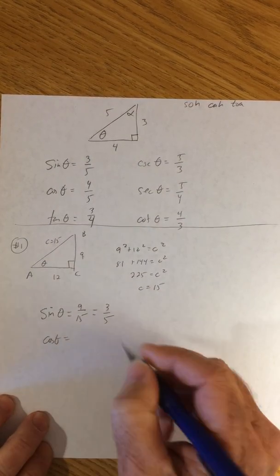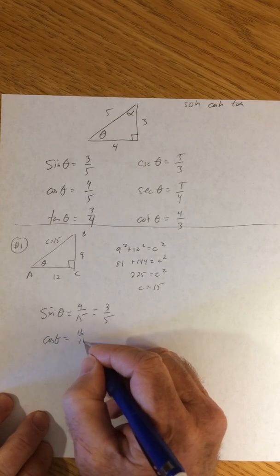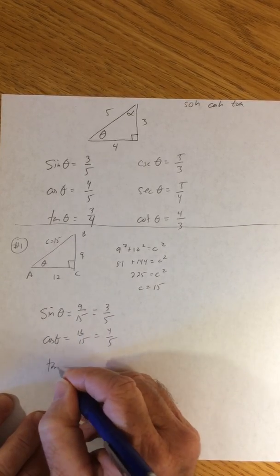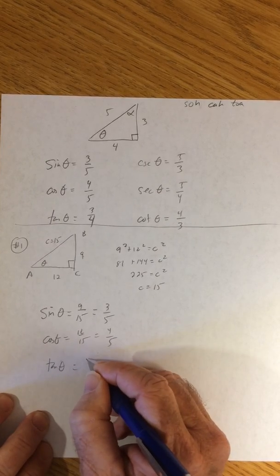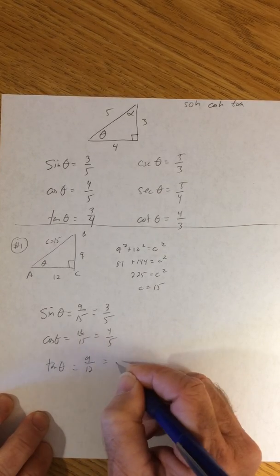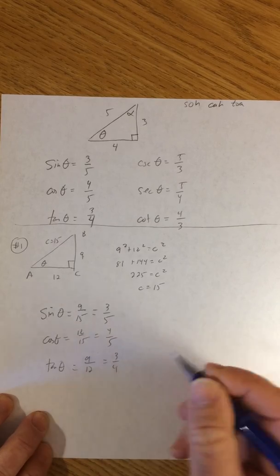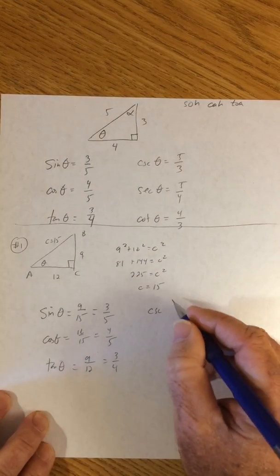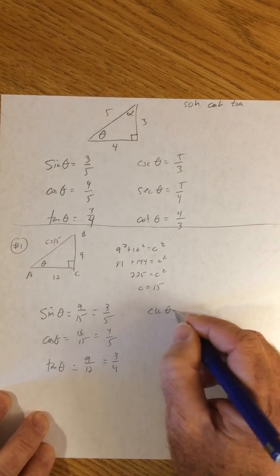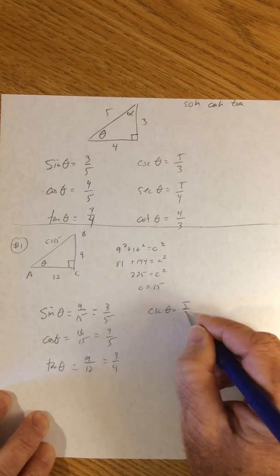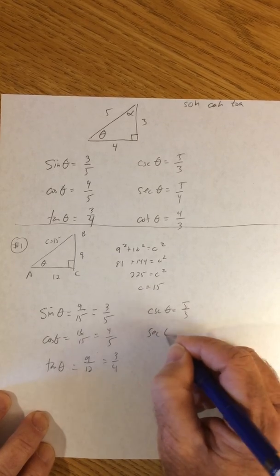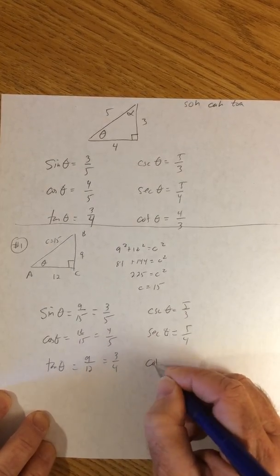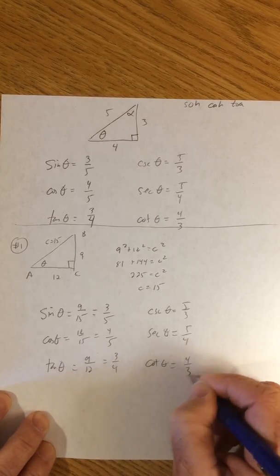Cosine of theta is equal to 12 over 15, which reduces to 4 over 5. And tangent of theta is equal to 9 over 12, which reduces to 3 over 4. These are the same as the ones that we just did. Cosecant theta is nothing more than reciprocal, 5/3. Secant theta, 5/4. Cotangent theta, 4/3.